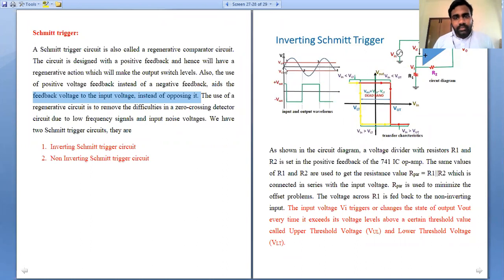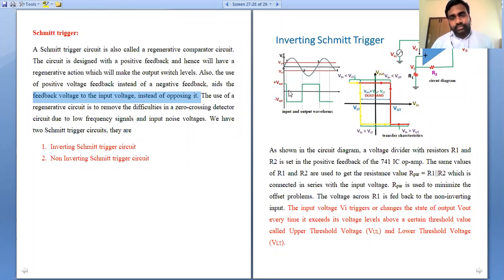If the input voltage is increasing from 0 volts and has not yet reached the upper threshold voltage, that means from 0 to 1 the input voltage is less than the upper threshold voltage. At that condition the output is high, that is plus VSAT. Next, the input voltage is greater than the upper threshold voltage.